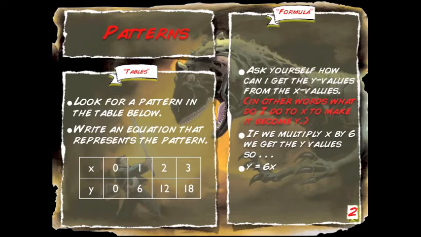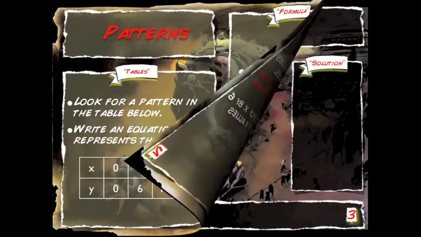The words would be, if we multiply x by 6, that's how we get our y values. Or you could say, if I take each of the x's and multiply each one by 6, then I get the y values. However you want to verbalize that, I need you to begin to verbalize what you see on the page. Let's go on to the next one.